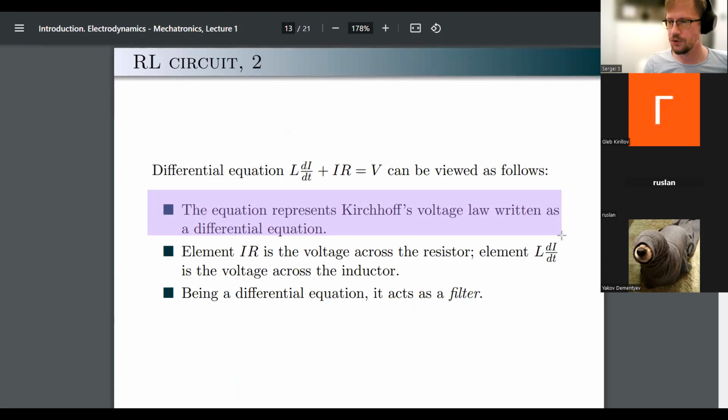This is the voltage across the resistor, as I said, and this is the voltage across the inductor. And since it is a differential equation, it also acts as what we call a filter. We're going to discuss filters a whole lot next lecture. But it acts as a filter since it has dynamics.